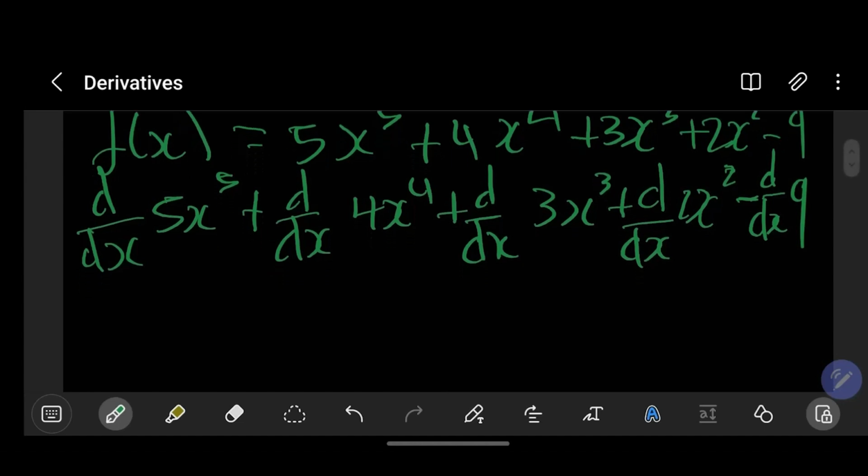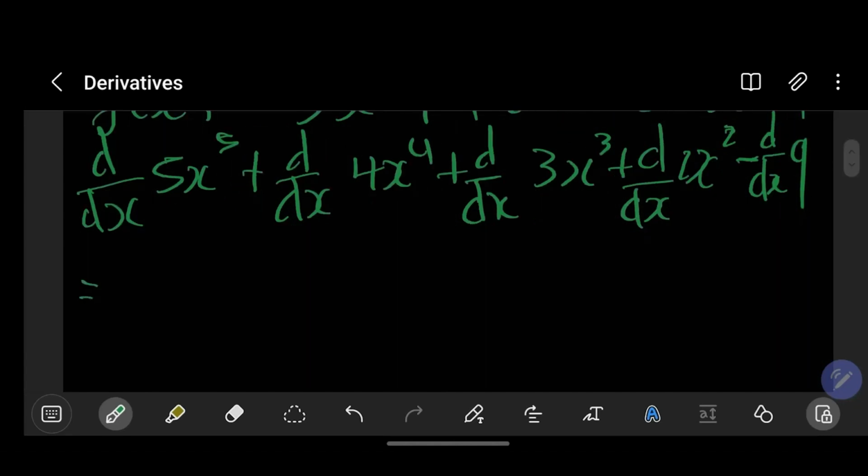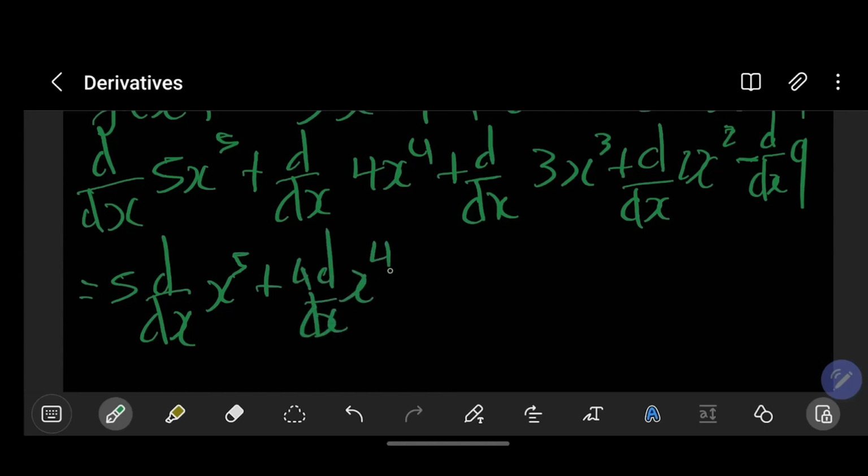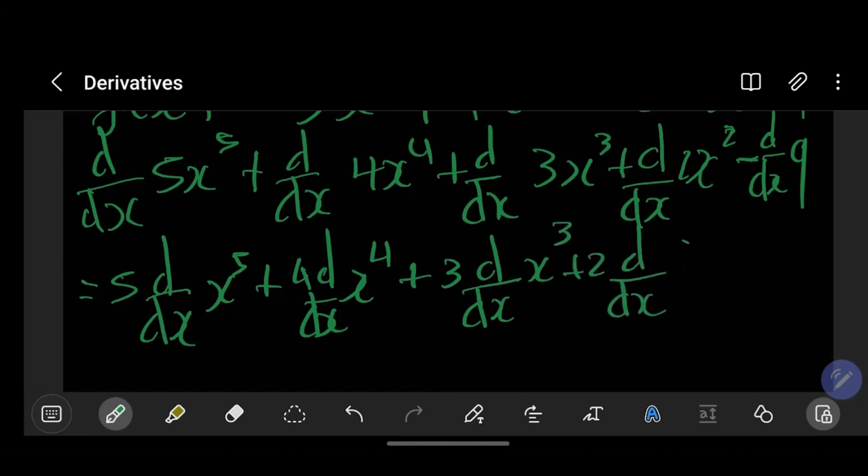So once again, we can now use the constant multiplication rule, the power rule, and the actual constant rule. So let's go for it. So this is basically now equal to 5 d dx of x to the 5 plus 4 d dx of x raised to the 4 plus 3 d dx of x raised to the 3 plus 2 d dx of x raised to the 2 minus, we can just use that as 0.